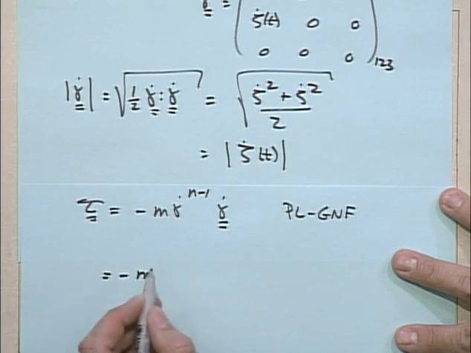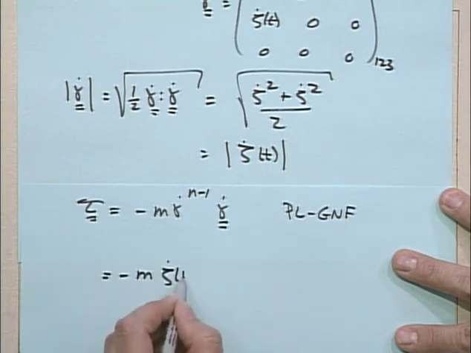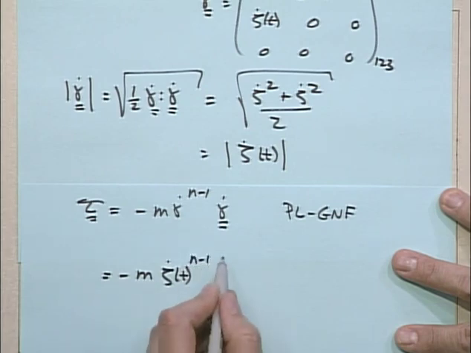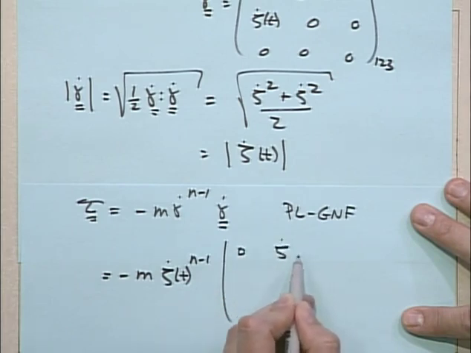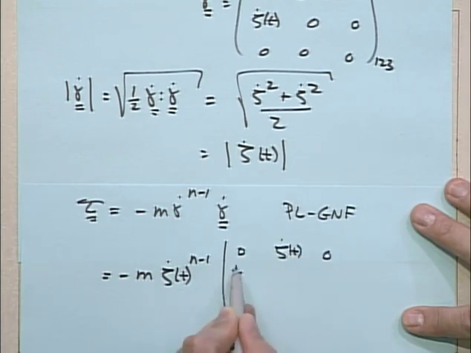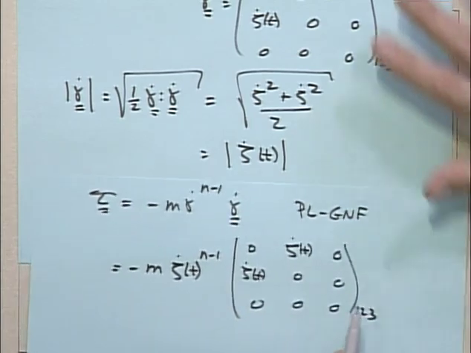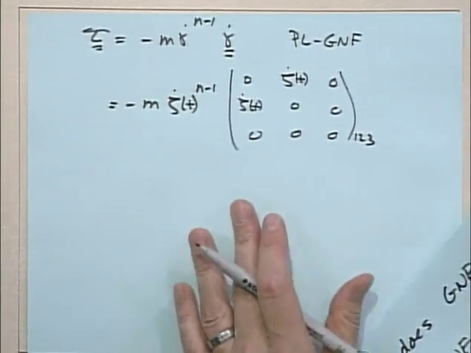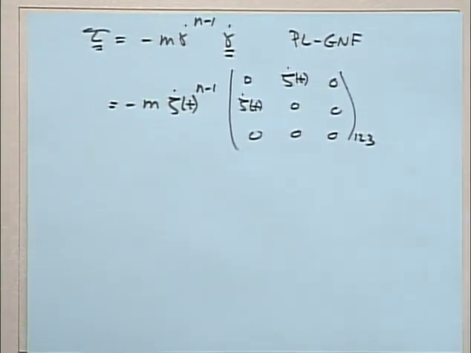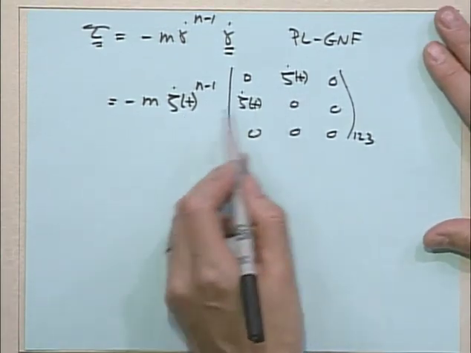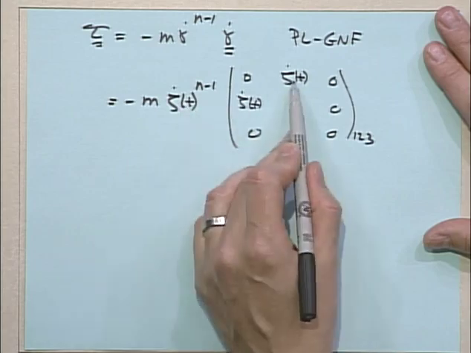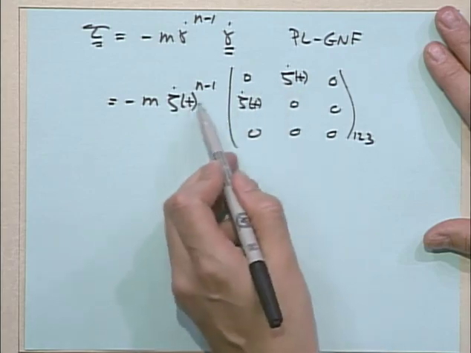It's equal to minus m. Sigma dot is always positive, so I don't need the absolute value signs. N minus 1 times the gamma dot tensor, which is 0 sigma dot 0, 0 sigma dot 0, zeros. Now we can multiply this in, and when we multiply this by this, we get just sigma dot to the n.